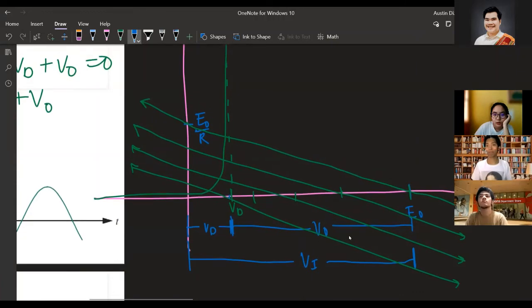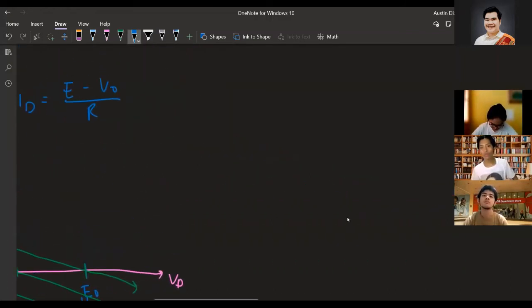So, mapansin nyo, yung dadaanan ng VI, dadaanan din ng V0. Basically, yung V0 mo, nagko-cosine din siya. However, pagdating dito sa part, wala na siya, magiging 0 na lang yung V0 mo. So, yung V0 mo actually looks like this.